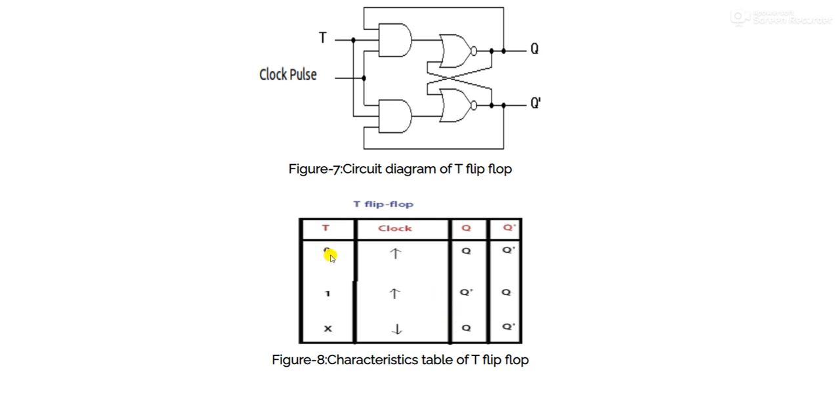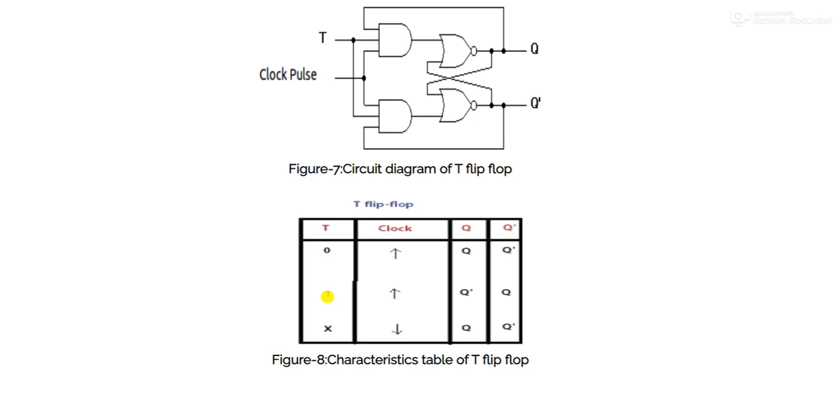As I said, if T equal to 0, means J equal to 0, K equal to 0. It means no change. So if T equal to 0 and your clock is high, still there is no change in the output. Clear? Now if T equal to 1, T equal to 1 means J equal to 1, K equal to 1.